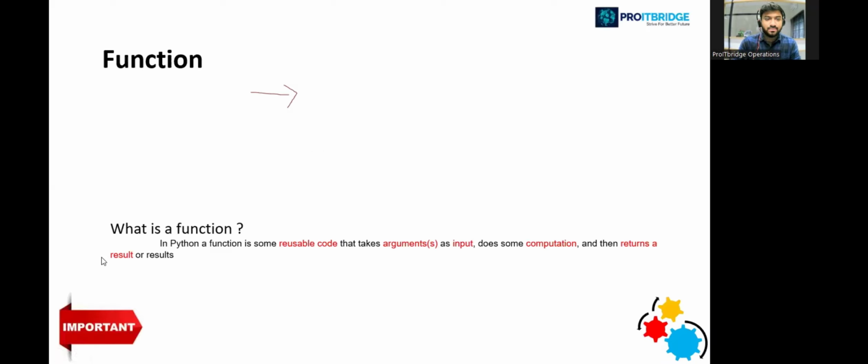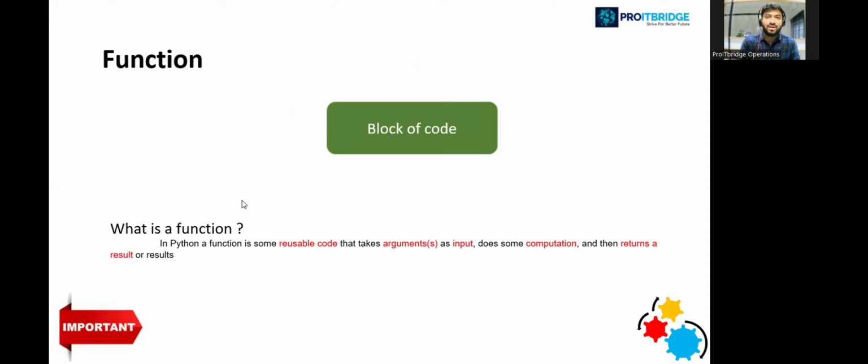All right, so functions. What is a function? That's the basic thing. If I put it in very simple terms, a function is a block of code which takes certain arguments as input. Functions take some values as input, which we refer to as arguments or parameters.